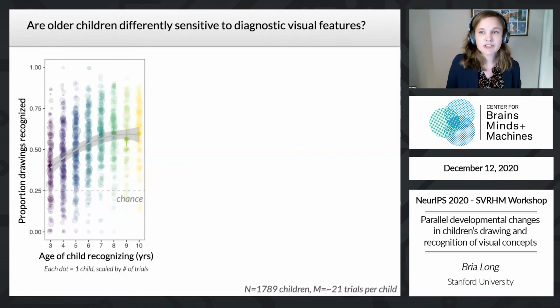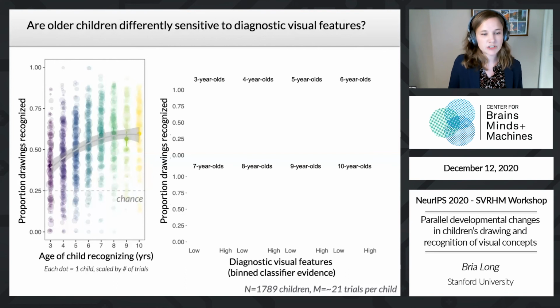Now, as I mentioned, our critical question is whether older children are differentially sensitive to increasing levels of diagnostic information. So now I'm going to replot the same data, separating out our recognition data for each age and as a function of the diagnostic visual features in their drawings, or classifier evidence. Our critical prediction here is a change in the slope of these lines relating to these two factors.